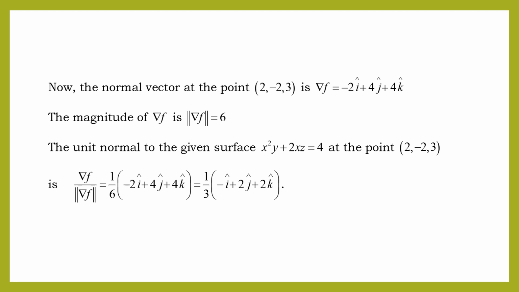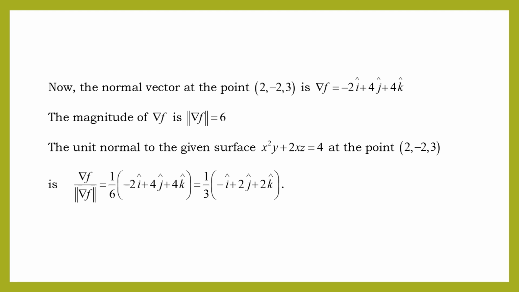Why? If you find out its magnitude, that means norm of this n cap, that means norm of del f by norm del f, how much does it become? It becomes 1. Norm of n cap equals norm del f by norm del f, which becomes 1.